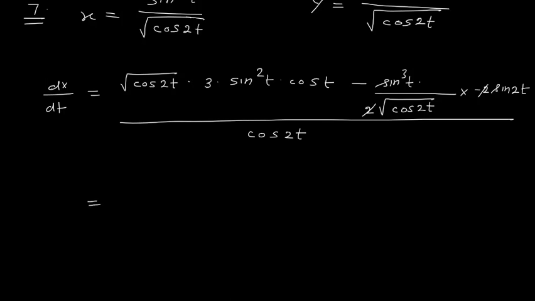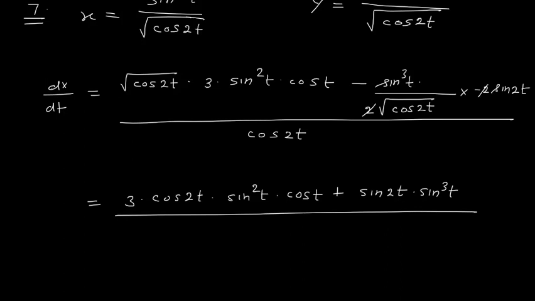So by cross multiplication I will get 3 into cos 2t into sin square t into cos t, minus, and here this minus and minus will be plus, so it is plus sin 2t into sin cube t, and this whole divided by cos 2t into root of cos 2t. So this is dx upon dt.